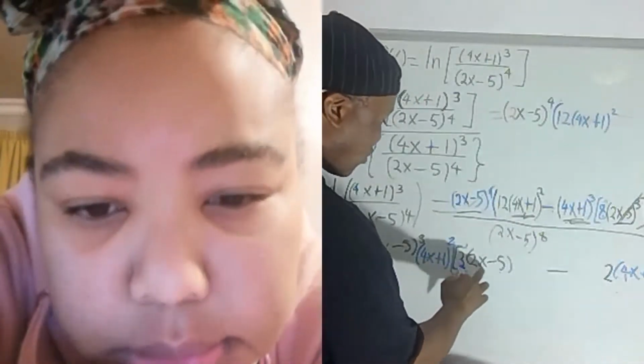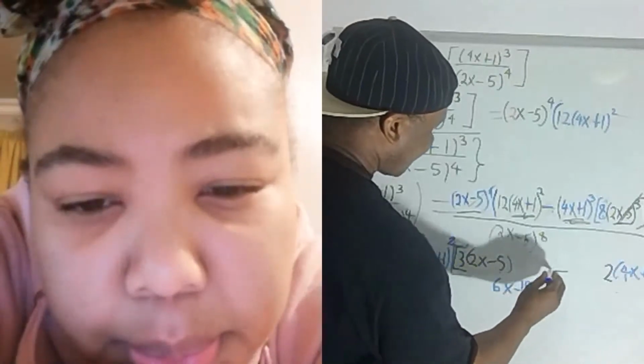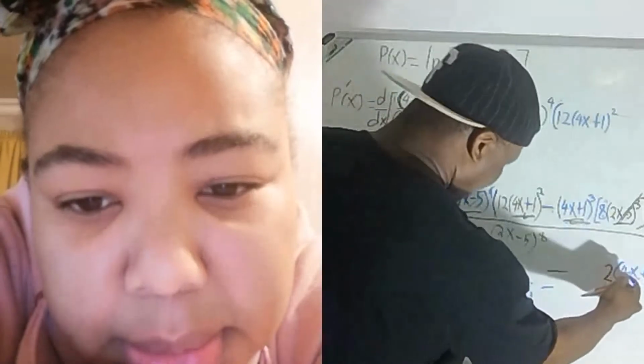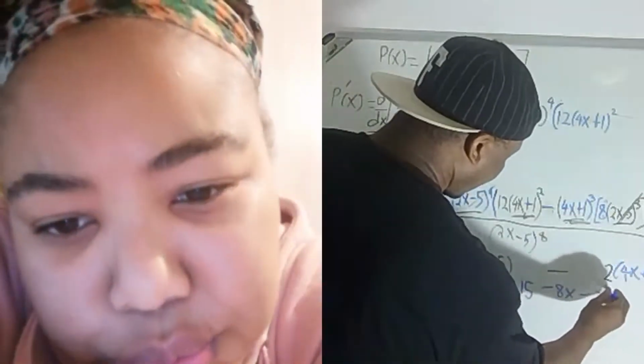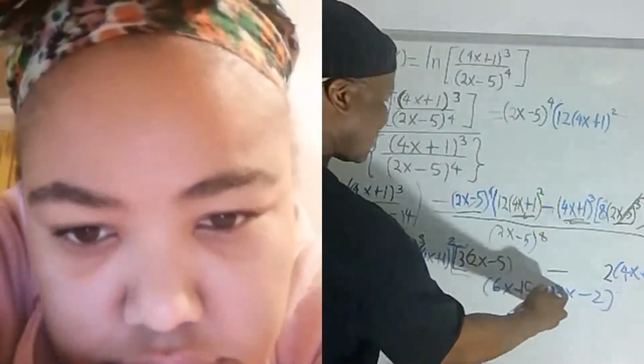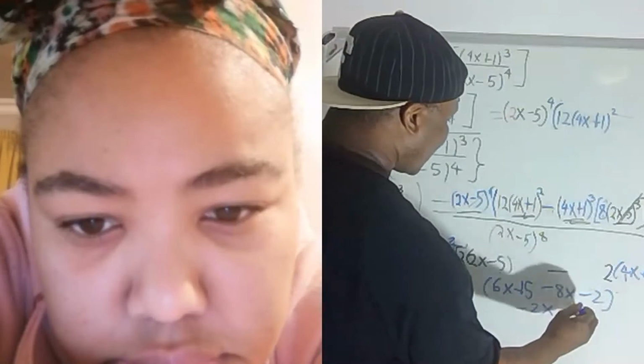Now, let's deal with it. This is going to be 6x minus 15, minus 15, 8x minus 2. Okay, this and this is going to be equal to negative 2x, negative 17.